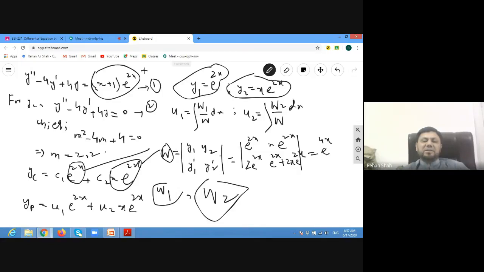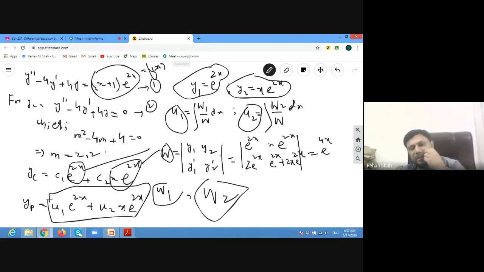If you know these three things, you are able to find W, W1, W2, and you are able to divide it and find the integral. After finding this U1 and U2, you put it in the YP, you will get the general solution. Okay?